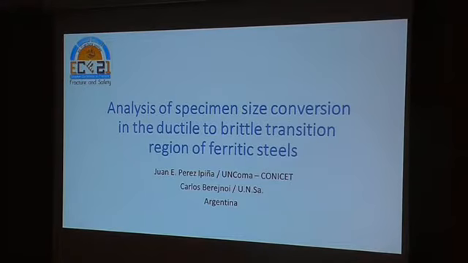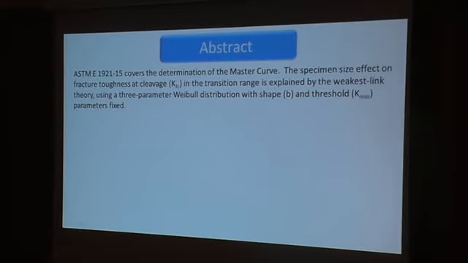This work is about an analysis of specimen size conversion in the ductile to brittle transition region of ferritic steels. It is based on the ASTM standard for the determination of the master curve.